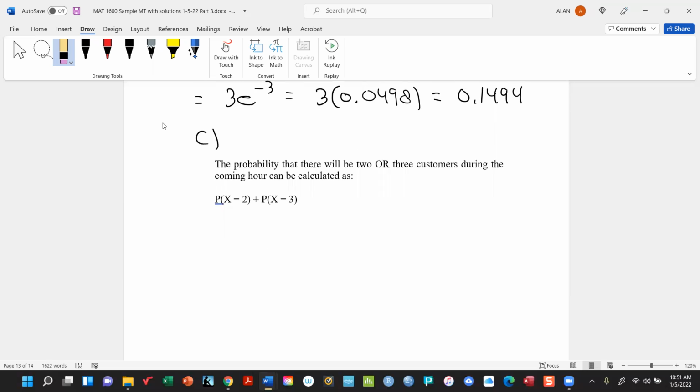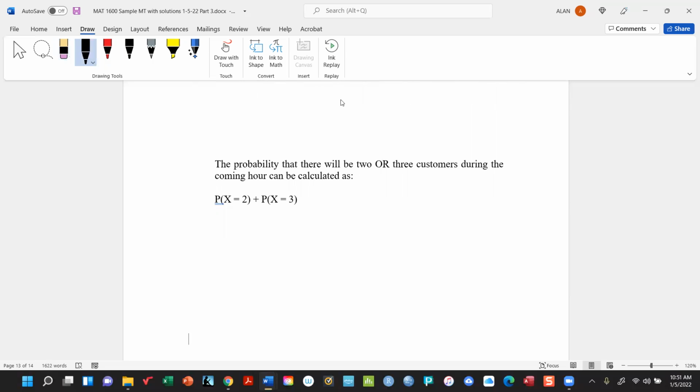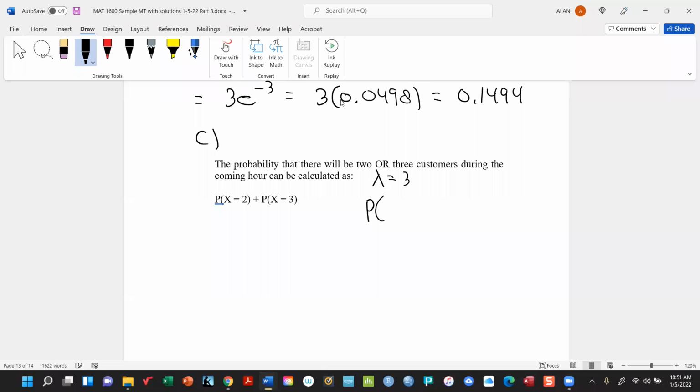All right, so again, let's quickly remind ourselves that lambda equals 3. And that the formula is okay.